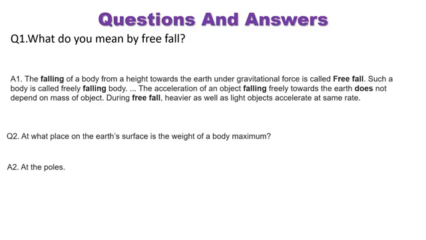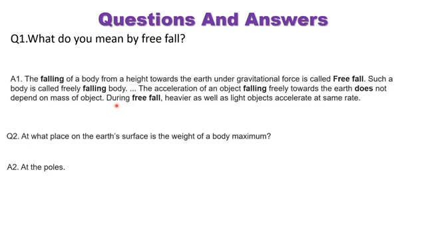The acceleration of an object falling freely towards the earth does not depend on the mass of the object. That means acceleration due to gravity is the same on every object, and because of that all objects will fall at the same time. But the falling of the object depends on certain conditions, that is the resistance given by the object, and the surface area.